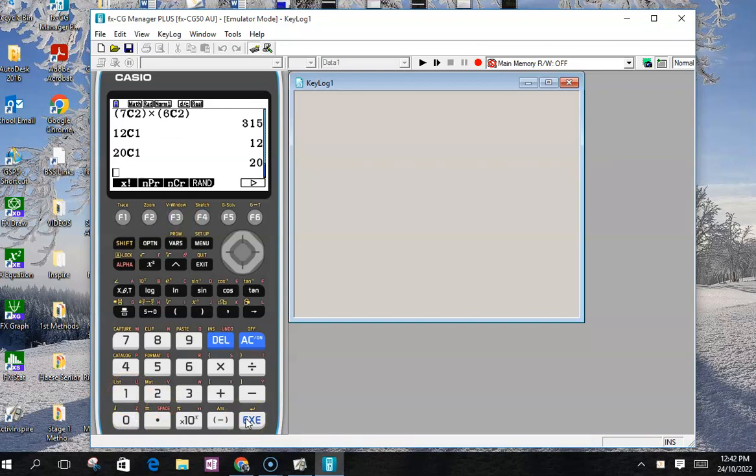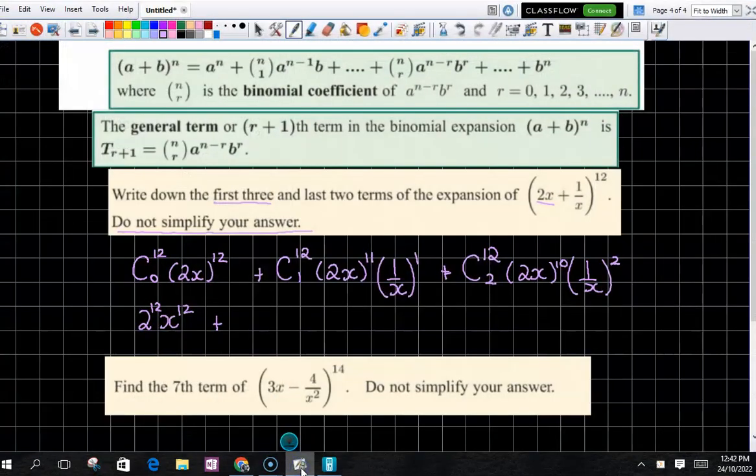By the way, if 20C1 is 20, what else will be 20? Because you know it goes 1, 1, 20, 20. Yes, because C20,20 will be 1. Take away 1 from that.